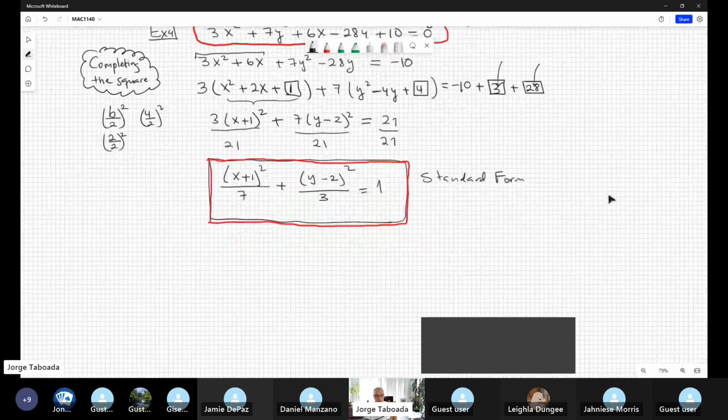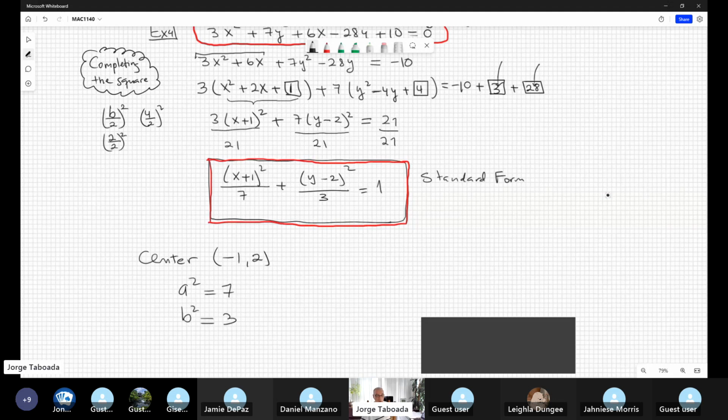The center of this ellipse is located at the point (-1, 2). Look at that number with the opposite sign and that number with the opposite sign. And a squared is 7 and b squared is 3. You always take a as the bigger.